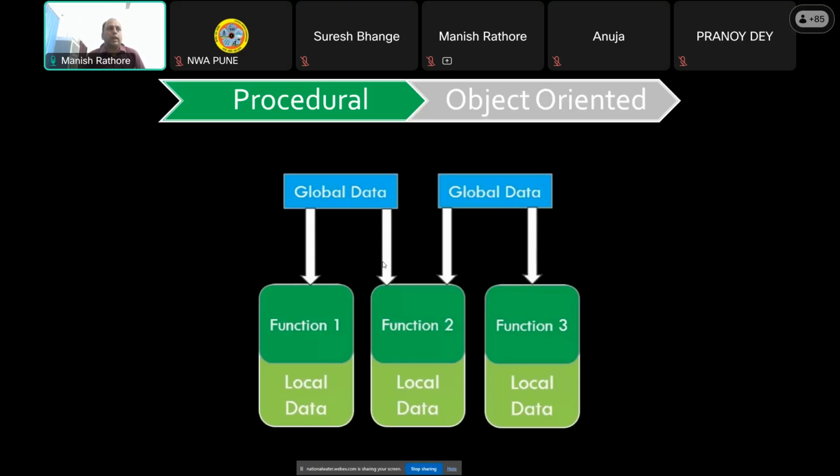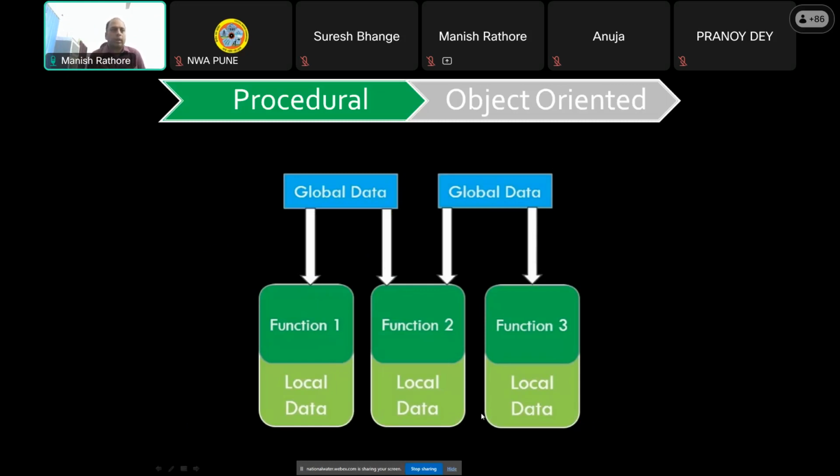You can have some global data and you can have some local data. Global data is available to all functions. Local data are available only to the local function, within the function only. They are not available outside the function.